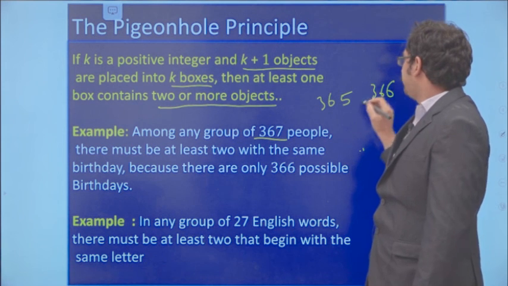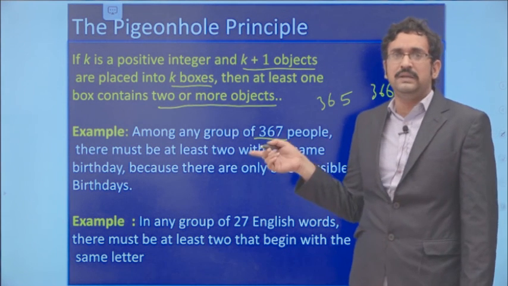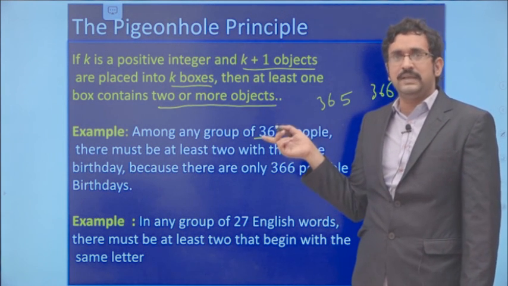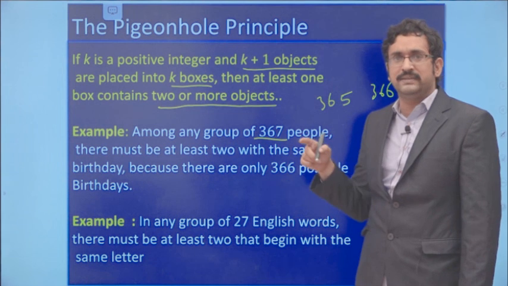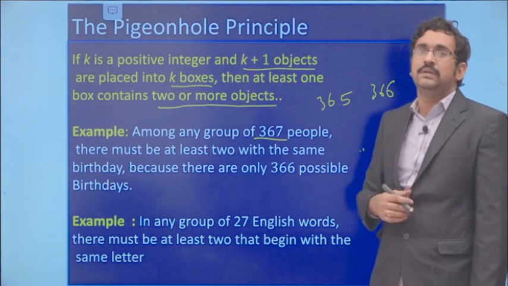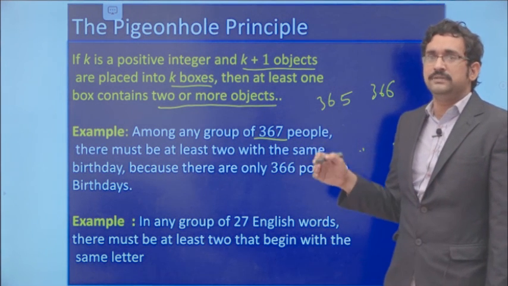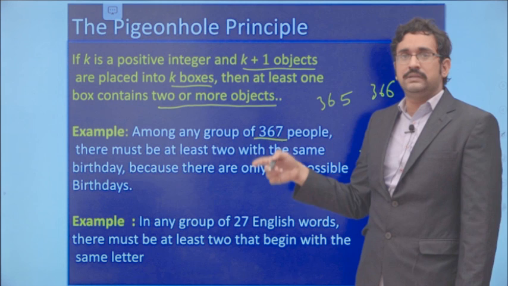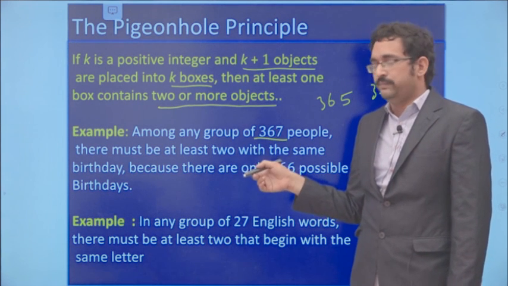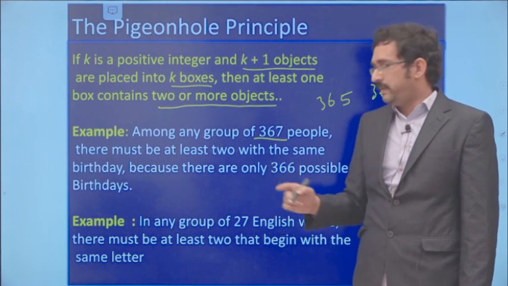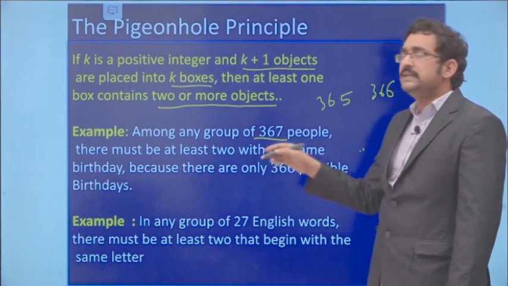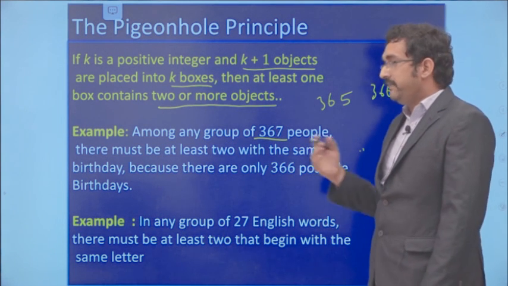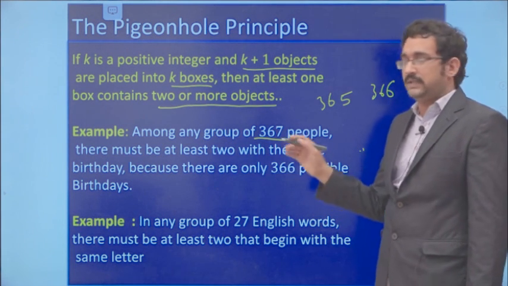So even in the case of 366 days in a leap year, there will be at least one more person who has a birthday matching someone. So according to the Pigeonhole principle, in a group of 367 people, at least 2 people have the same birthday, even if everyone else has a different birthday.